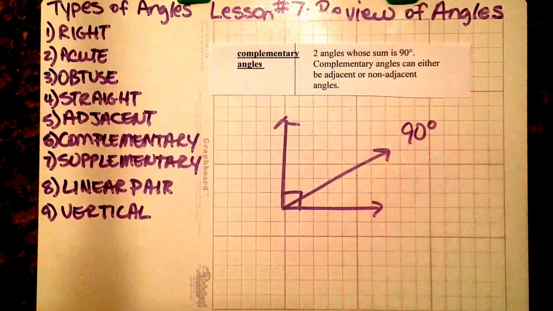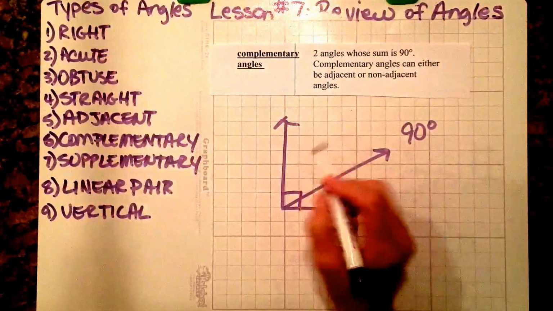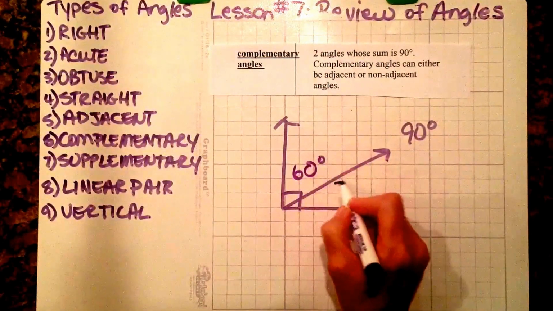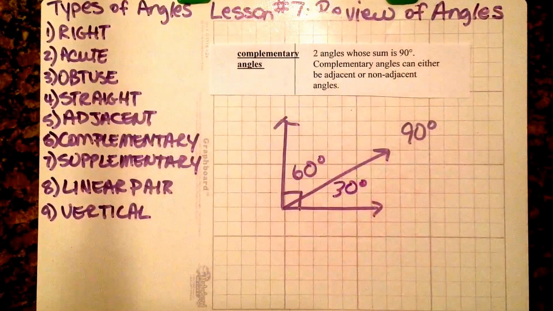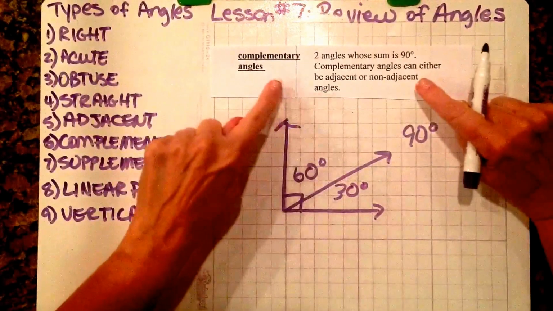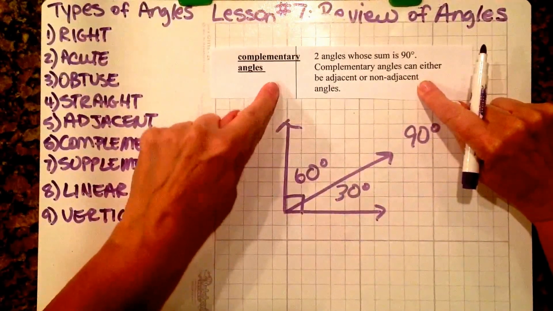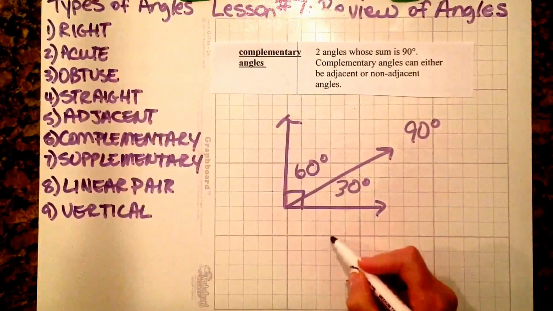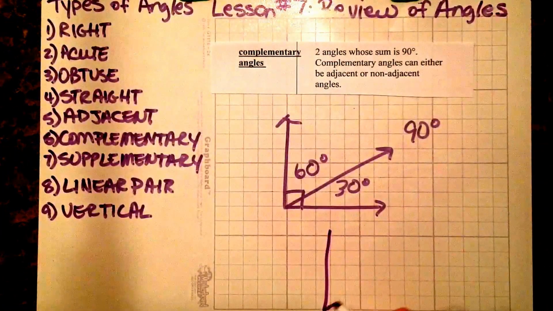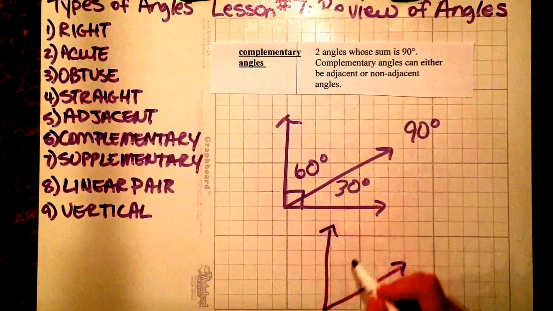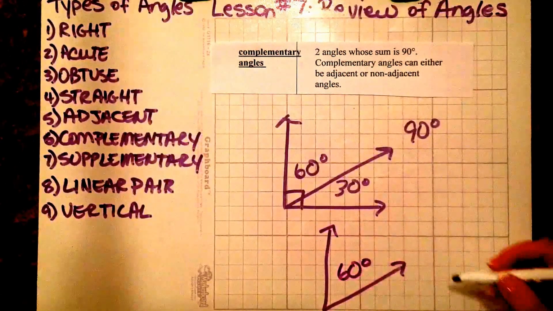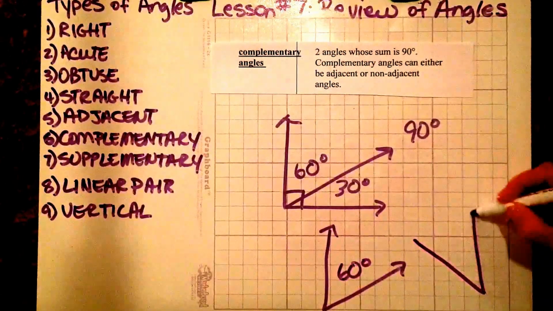And these happen to be adjacent. Let's say again that this one's 60 and this one's 30. Those are complementary angles, but they don't have to be adjacent. They can be non-adjacent. So I could actually have a 60-degree angle over here, and I could have a 30-degree angle over here.